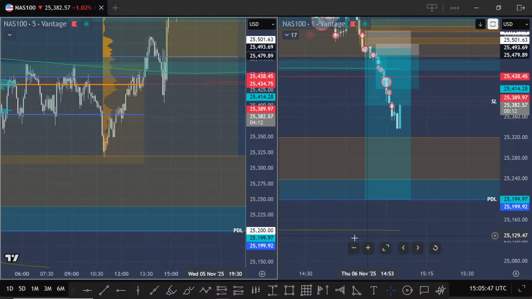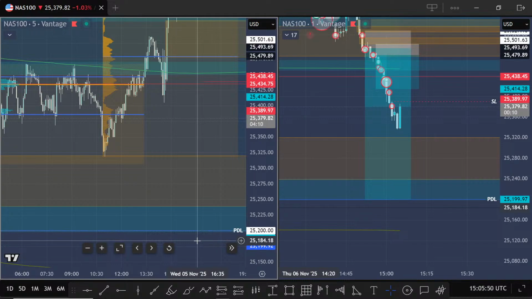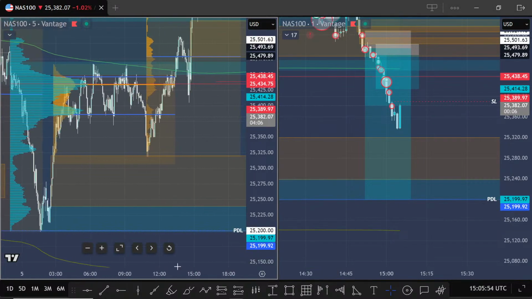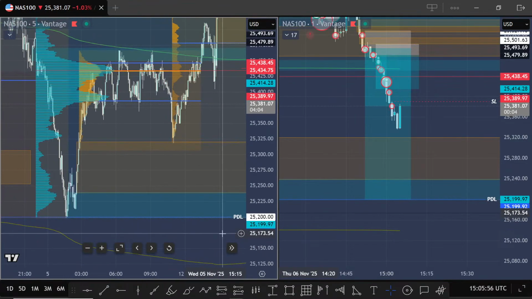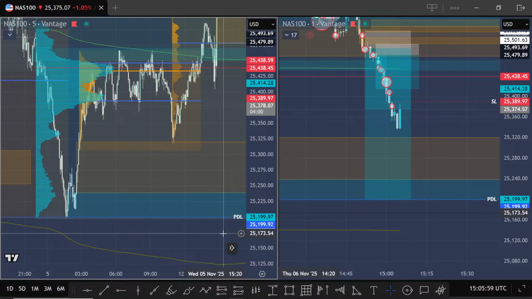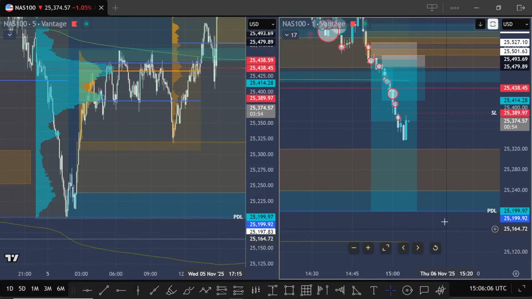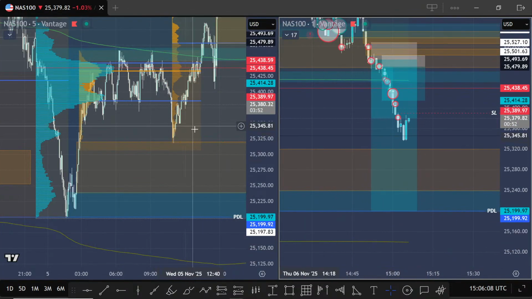So there's no low volume node in there, where we're at now.